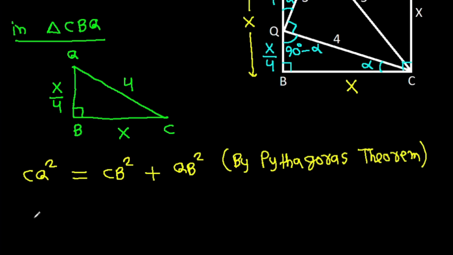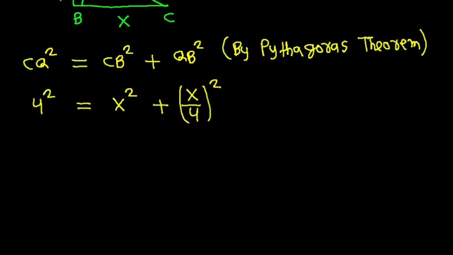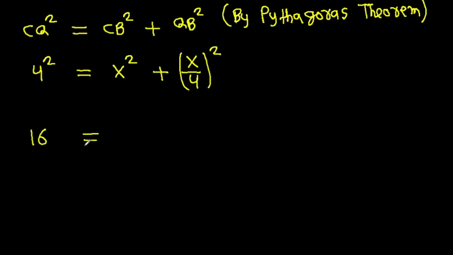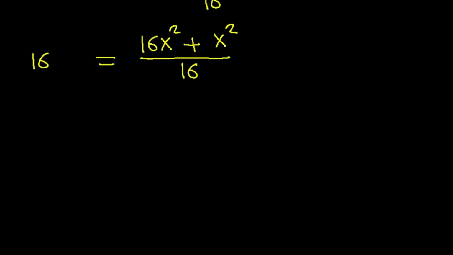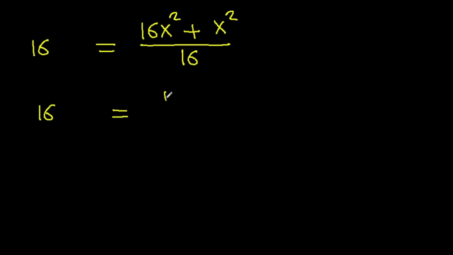And CQ is 4 square, it is equal to CB is x square plus QB is x over 4 square, and it is 16 is equal to x square plus x square over 16, and 16 will be 16x square plus x square over 16, and 16 is 17x square over 16.